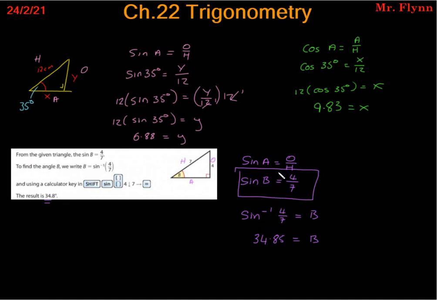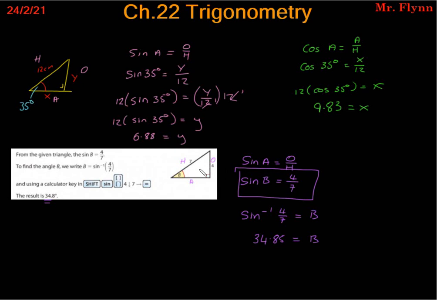So having a look at this again, what did we do? We were given a triangle, and importantly a right angle triangle. We were asked to work out the measure of angle B. We needed to consider which of our three sine, cos or tan ratios included the two sides that we knew the lengths of. It was important that we knew both of those lengths, or else we couldn't have worked it out.